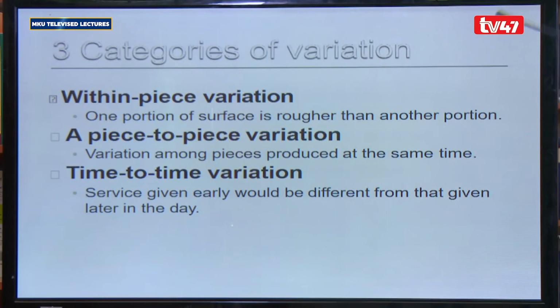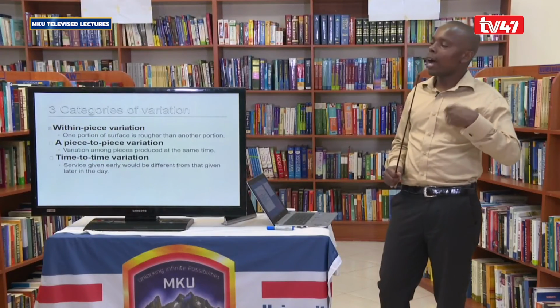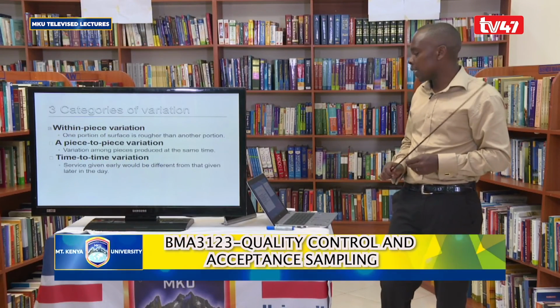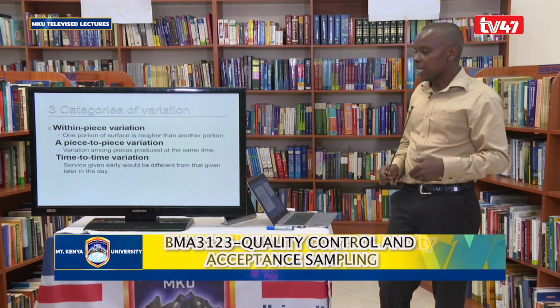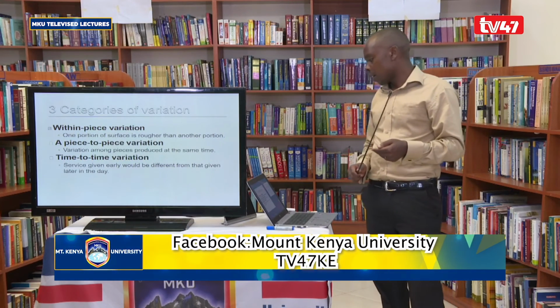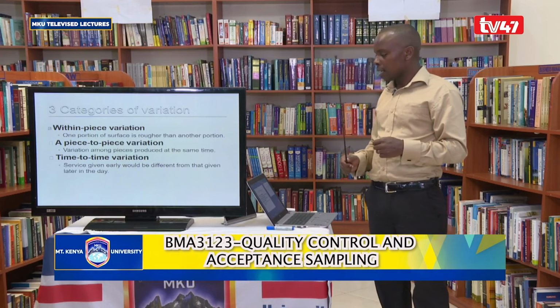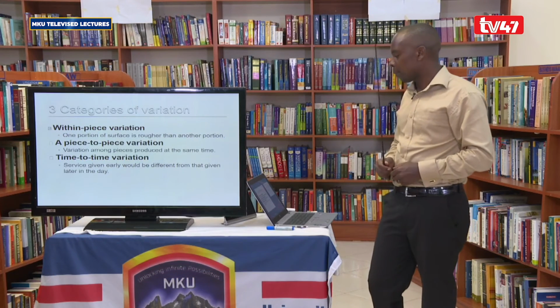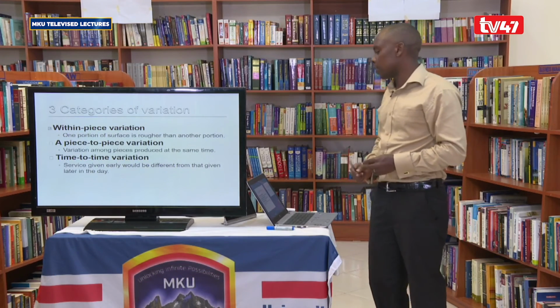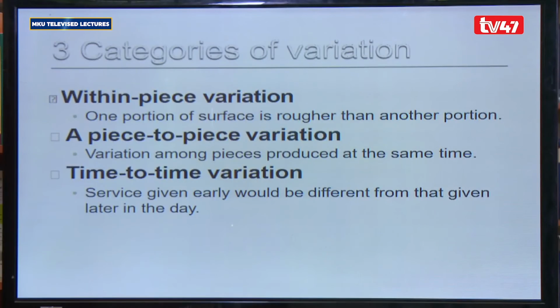Then we have piece-to-piece variation. This is variation among pieces produced at the same time. So when we have an automated production process, and some pieces are produced, and there is a difference between them, then we have piece-to-piece variation. Then we have time-to-time variation.